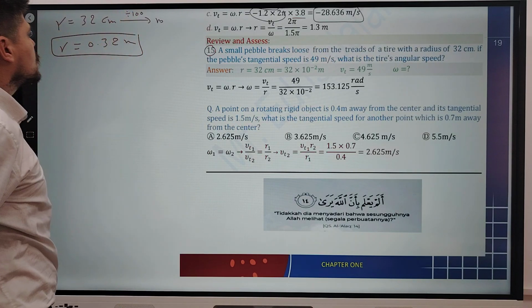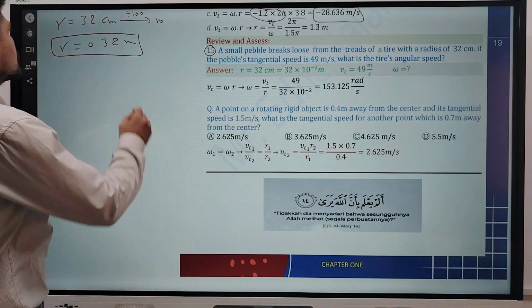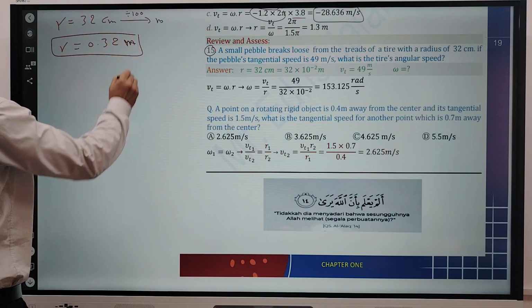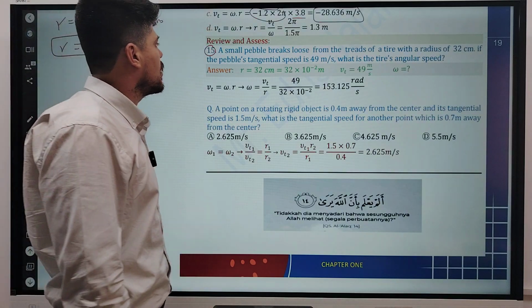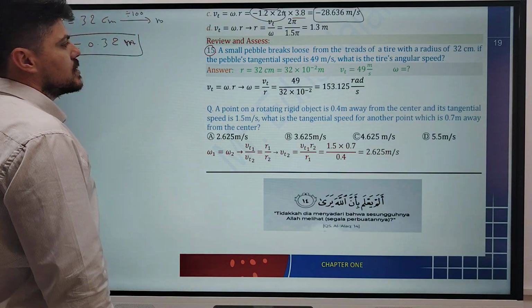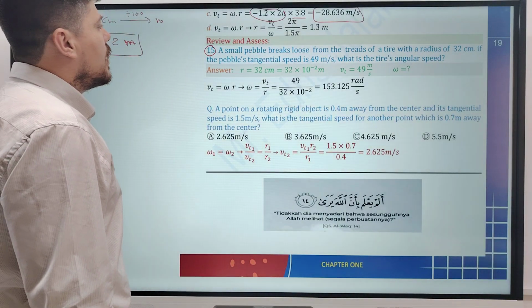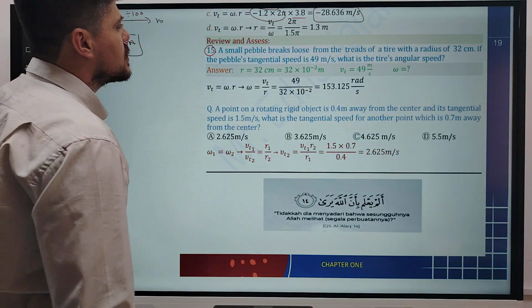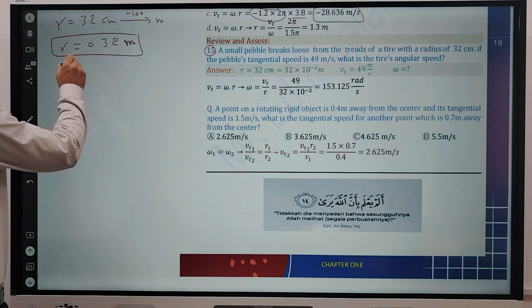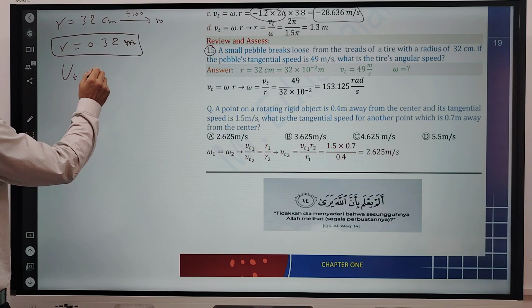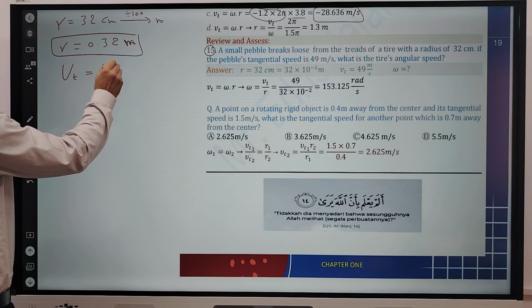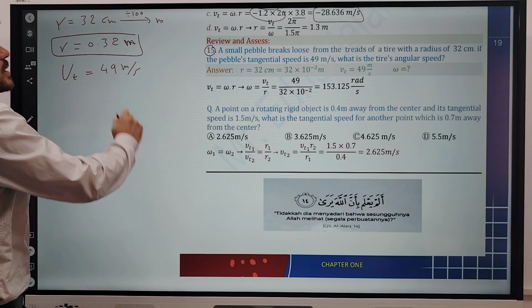So that is why you have to convert, because the SI unit of the radius is meter, not centimeters. That is why you have to convert to meter when it's given in centimeter. If the pebble's tangential speed is Vt equal to 49 meter per second.